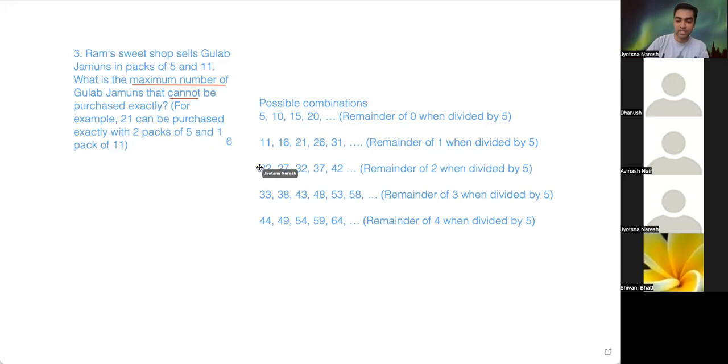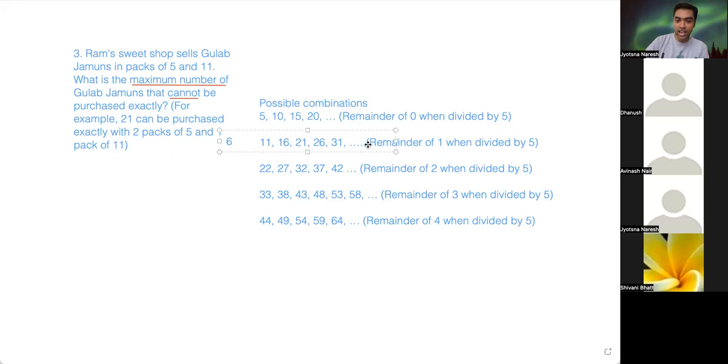Okay, so how would we make 6? 6 can't be purchased exactly because if you subtract 5 from it, you get 1, a remainder of 1. Good. So 6 cannot be purchased, right?